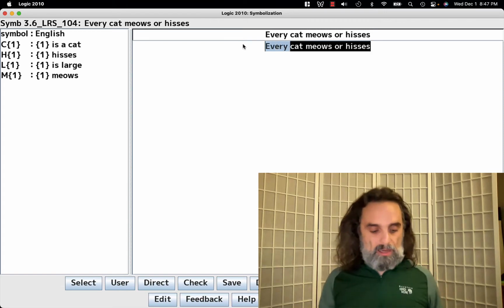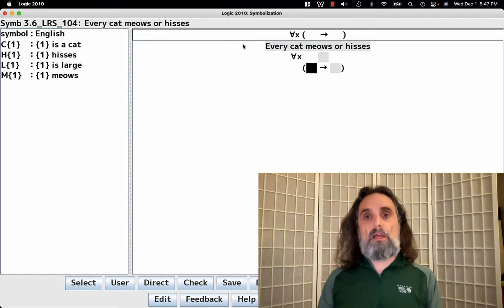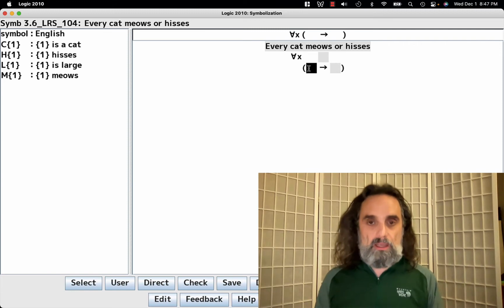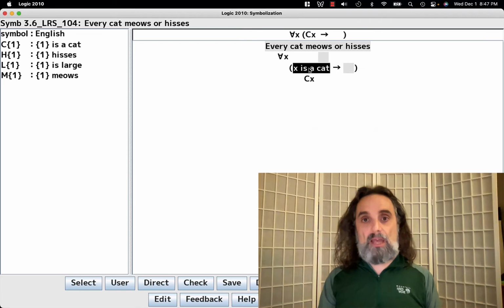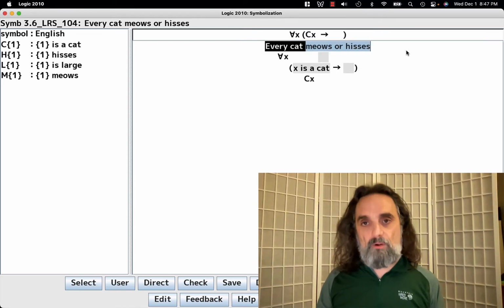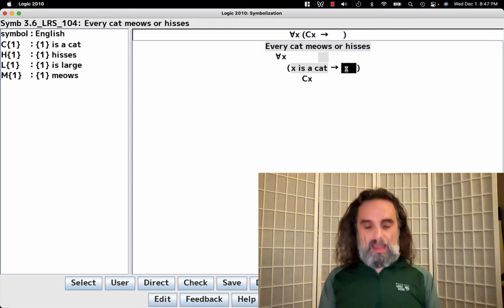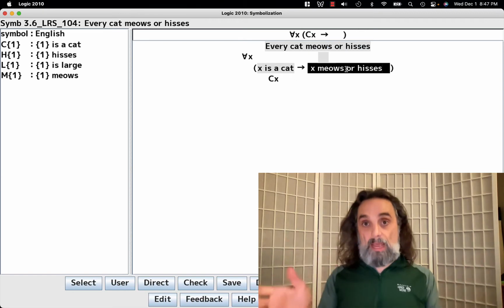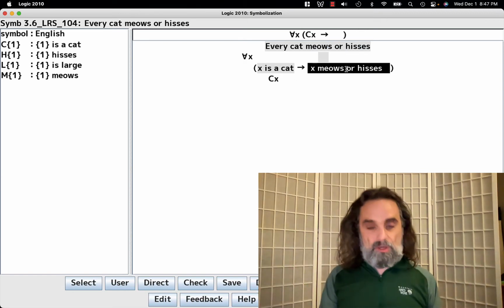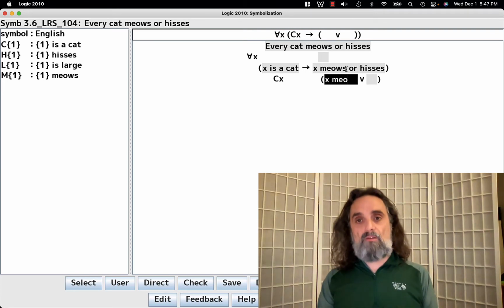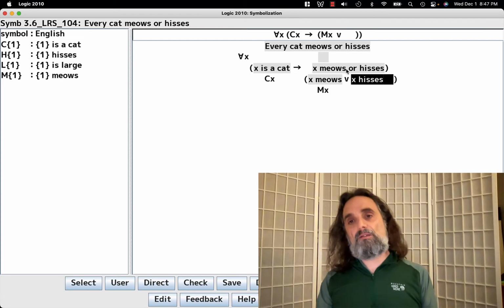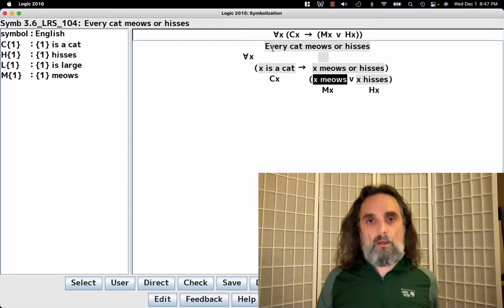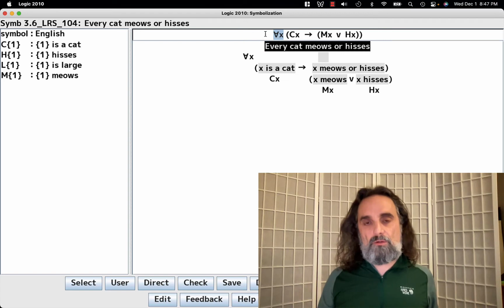So every, again, gives us a universal and then a conditional. Now the noun that attaches to the every is just cat, so we'll symbolize X is a cat, and that's in the antecedent, so CX. Here, the verb phrase is meows or hisses. X meows or hisses is a disjunction of X meows and X hisses. So again, the every gives us the universal quantifier and the conditional, and then all the little X's.